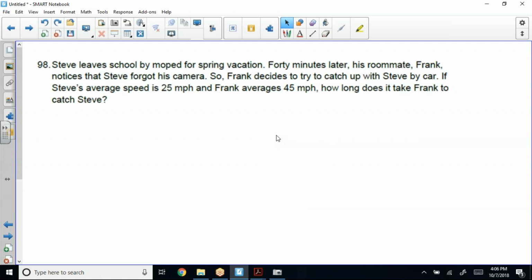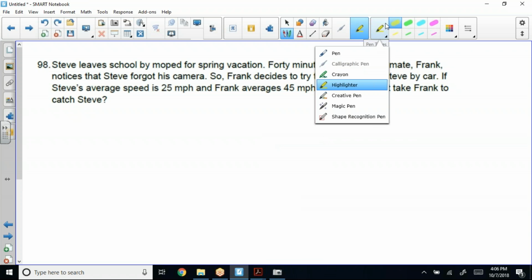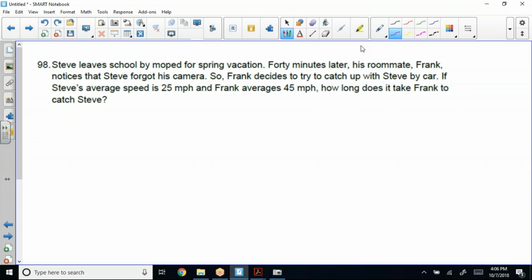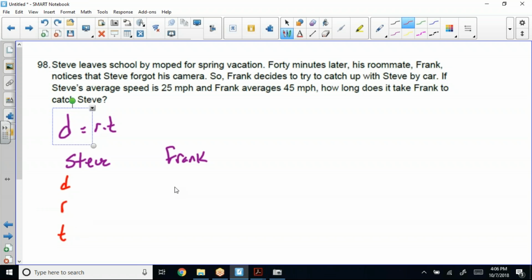Now, there's a rule of thumb on this. So just pay attention, because different people set this up different ways, so we'll make sure that we come out with the right way. Distance equals rate times time. That's the main formula you got to make sure you understand, right? So let's talk about Steve, and then we'll talk about Frank, and then we'll set an equation up, okay? Steve's distance, rate, and time, and then Frank's distance, rate, and time.